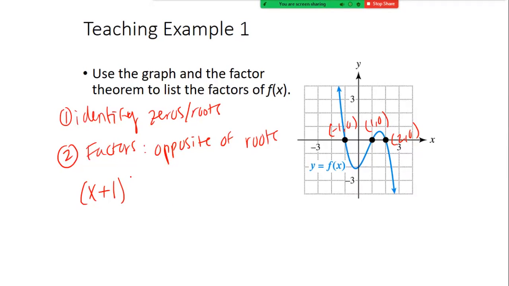Instead of +1, it's going to be -1. And instead of +2, it's going to be -2. Therefore, the factored form would be x plus 1, x minus 1, and x minus 2. What are your questions, comments, concerns so far?